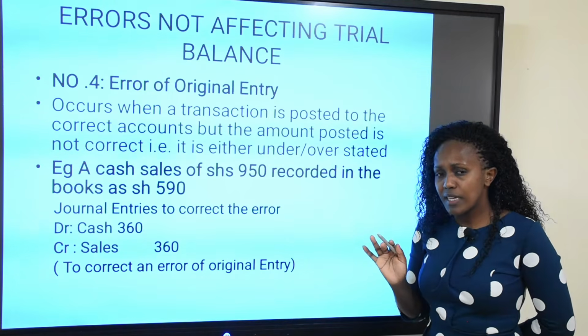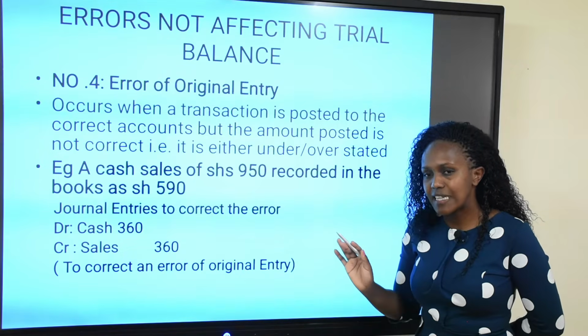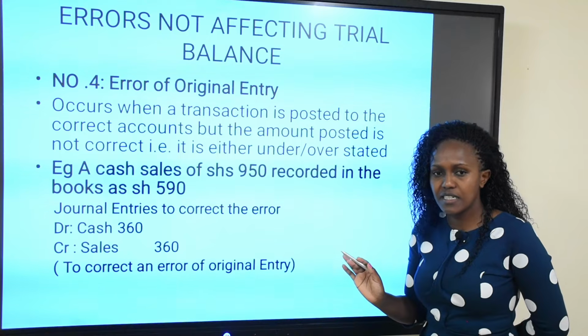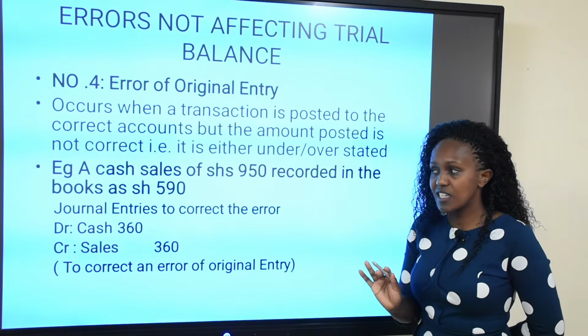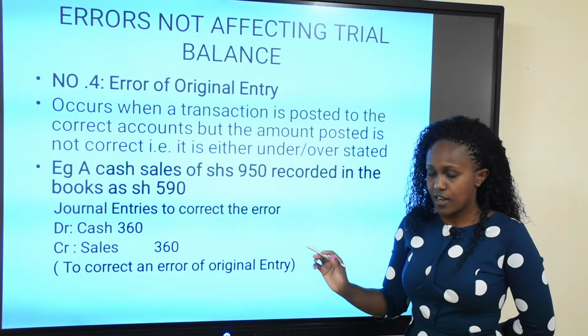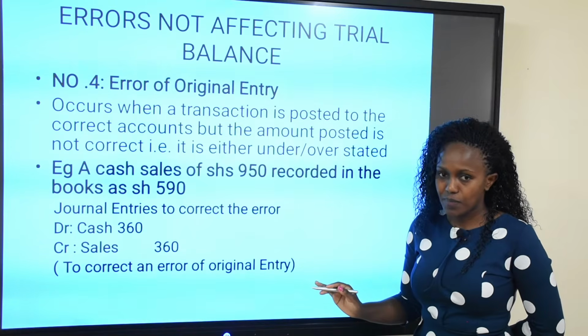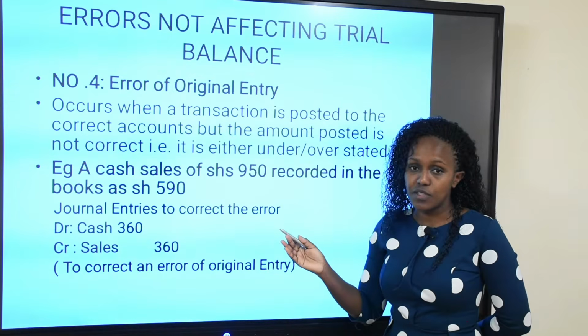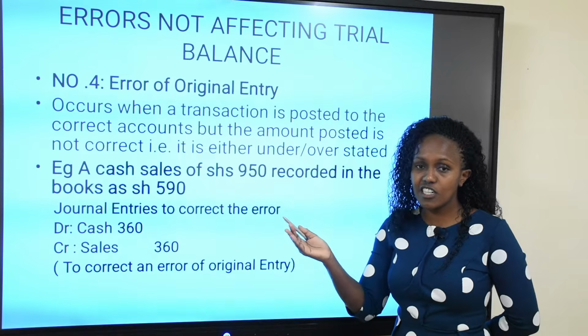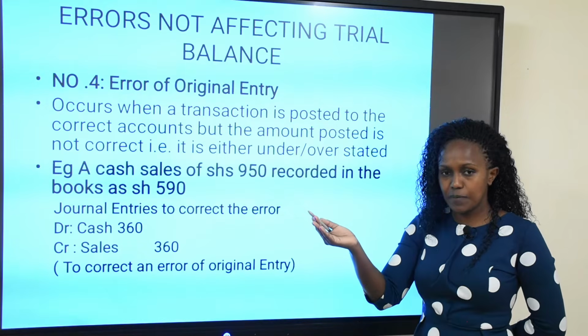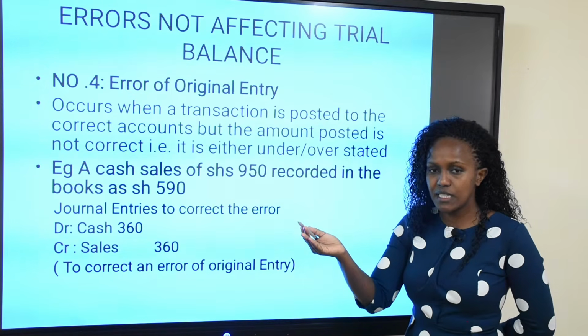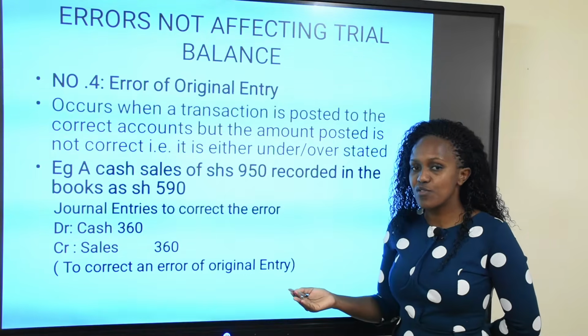Now, let's begin by asking ourselves, there was a cash sale. Which accounts are affected? The accounts being affected here are cash, and the other account is sales. Cash was received. Therefore, cash increased. It was debited. That is an asset, it is debited. Sales is a revenue.